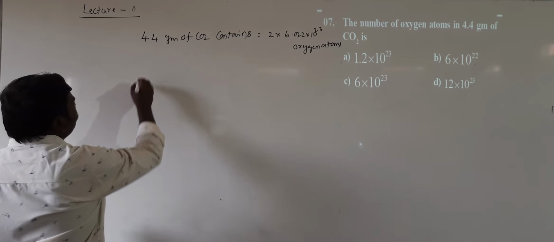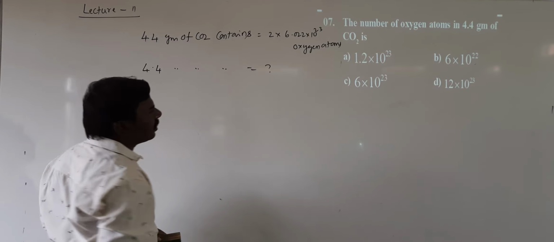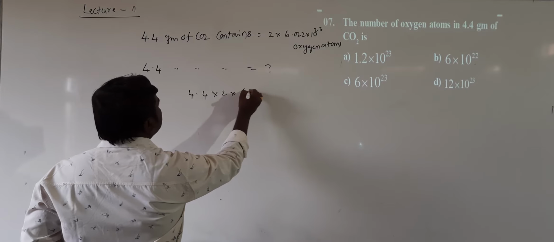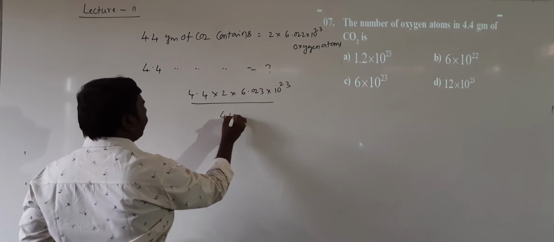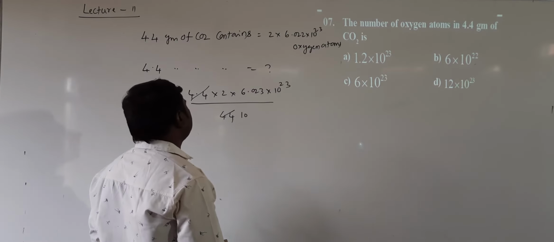So, 4.4 grams contains how many? This is 4.4 into 2 into 6.023 into 10 to the power of 23 by 44, 10 times it is, right.